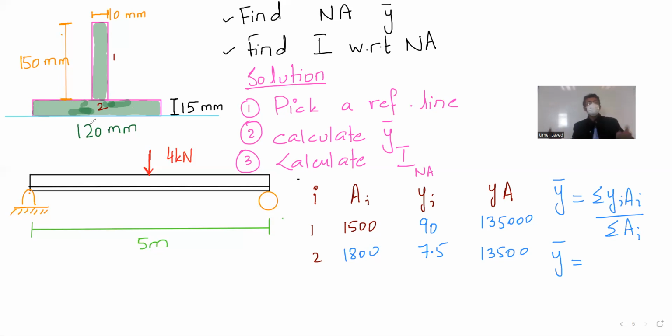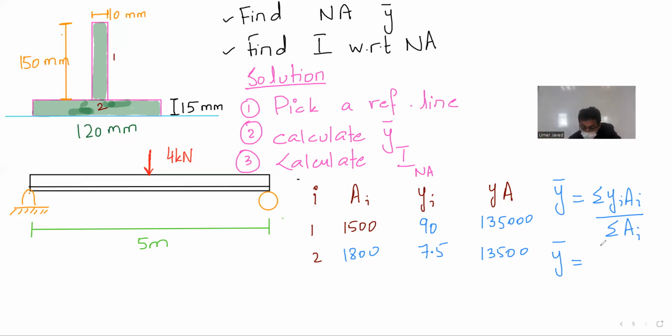So first we calculate the centroid. Then the line that goes through the centroidal line is our neutral axis. We know it from the beginning. Now we will calculate the moment of inertia.